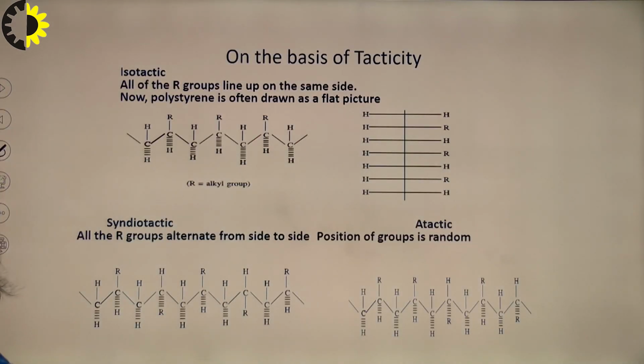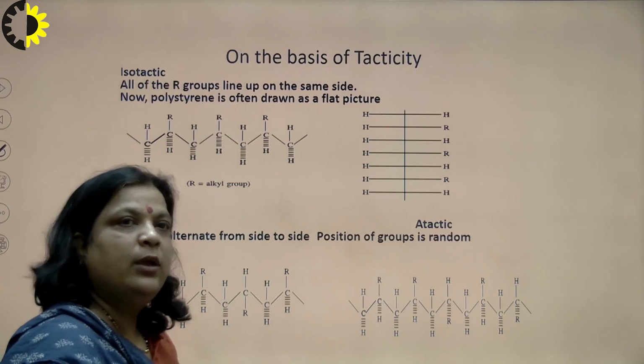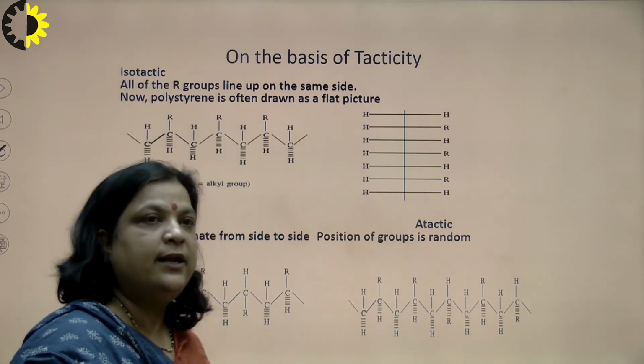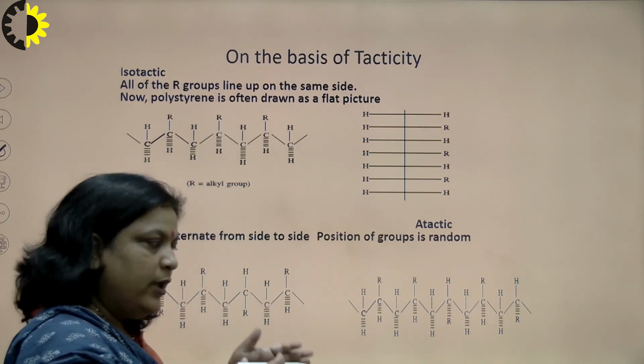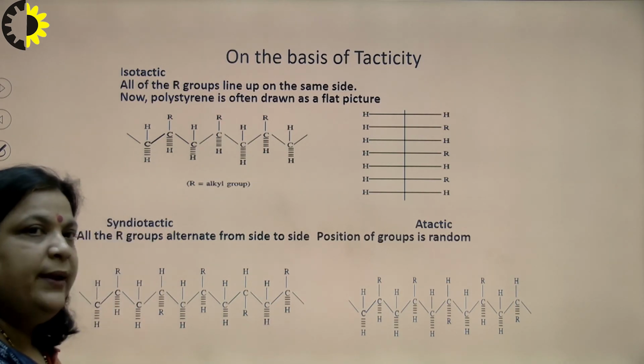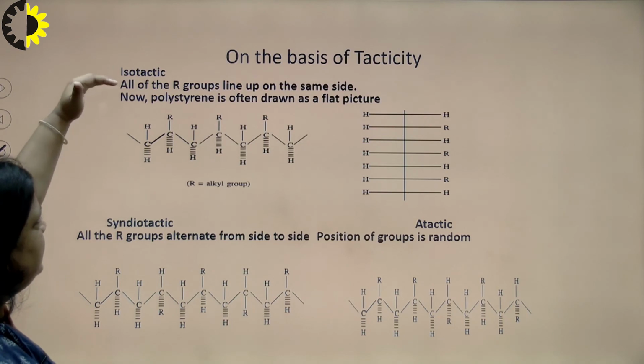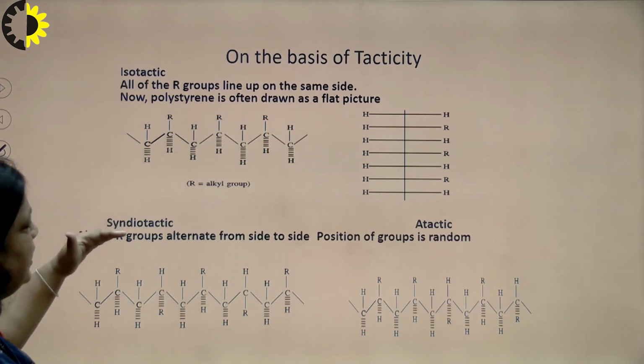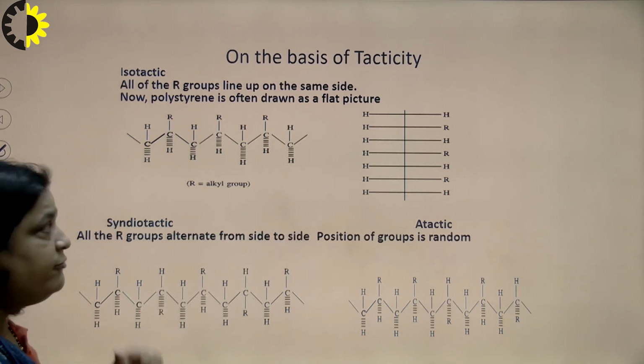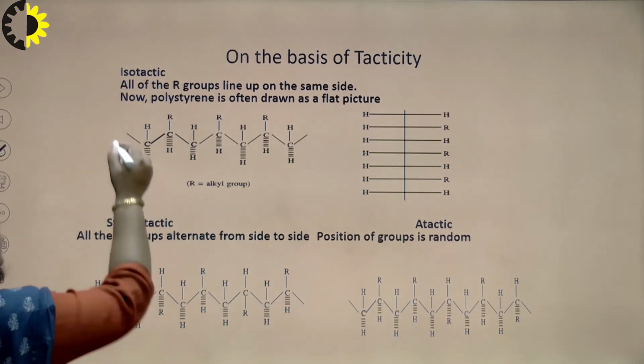Now, next is on the basis of tacticity. Tacticity means stereochemistry, or we can say spatial arrangement. If we classify the polymer on the basis of tacticity, the arrangement may be of three types. First is isotactic, this.